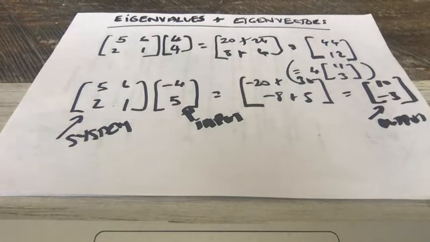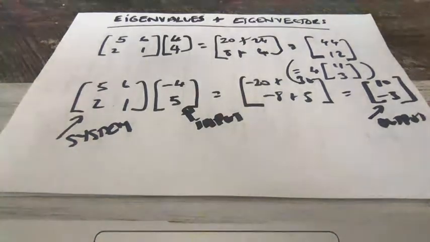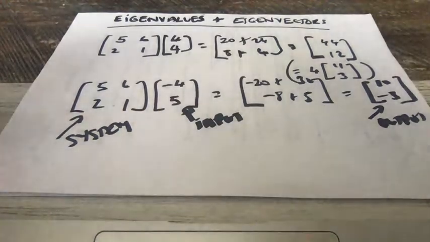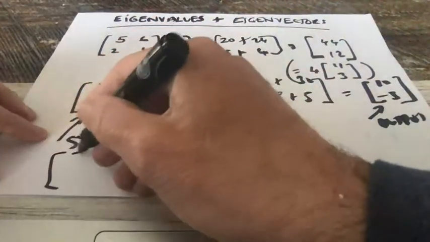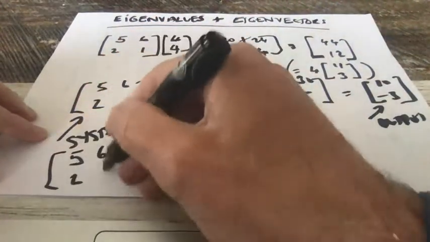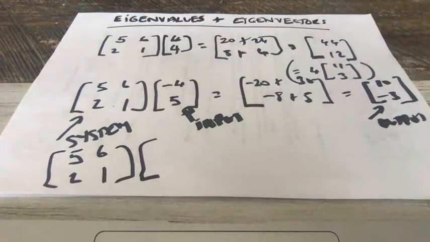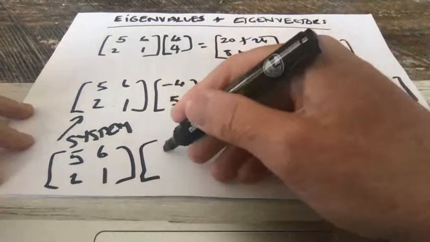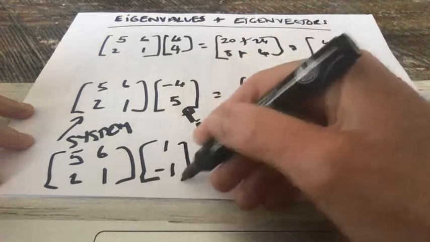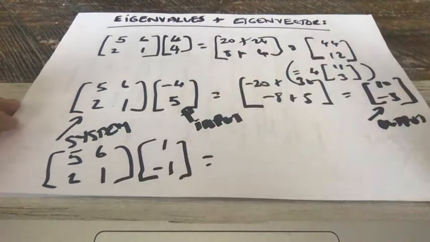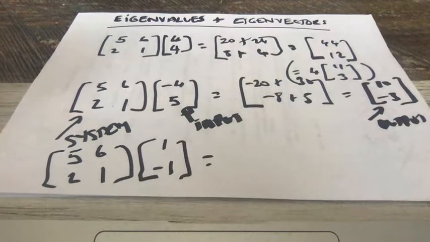Now, boys and girls, here's where it got interesting for mathematicians. If I multiply 5, 6, 2, 1 by this vector, let's multiply it by 1, minus 1. Again, that's all we're doing. We know we're going to get a column vector as our output.